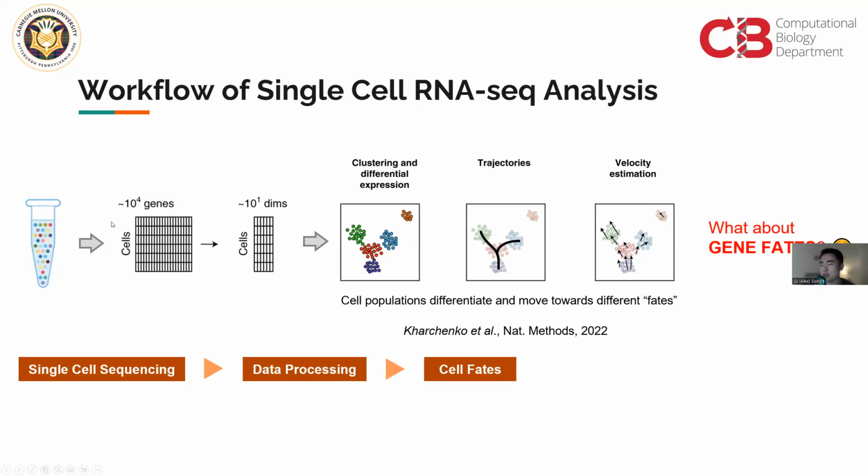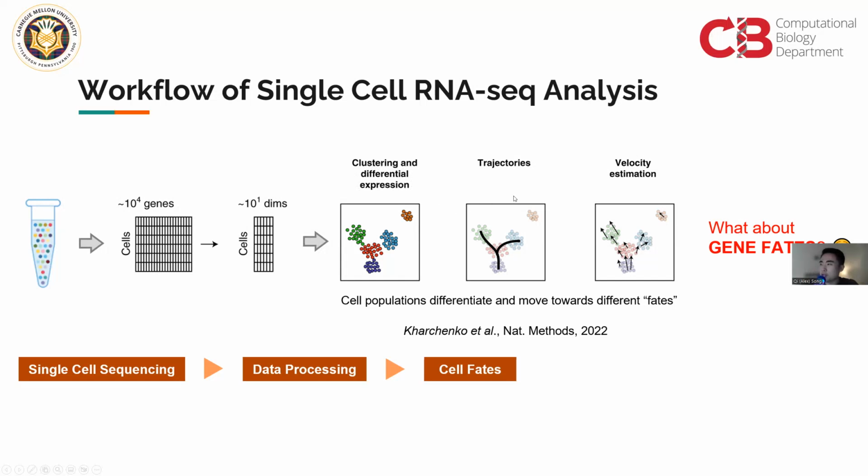Once you have this expression matrix, you can reduce it into lower dimensional embeddings by various algorithms. Then, based on the embeddings, you can cluster the cells, identify different cell populations, and perform differential expression between them.